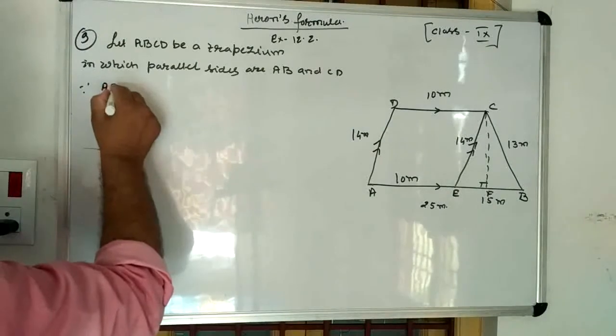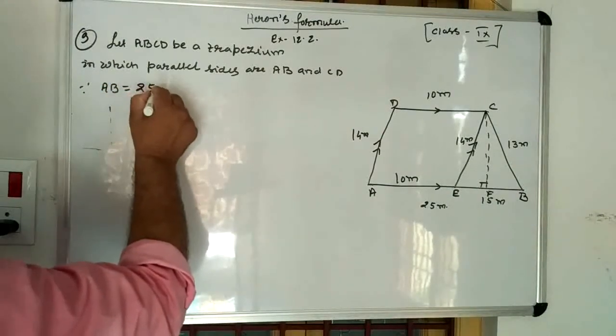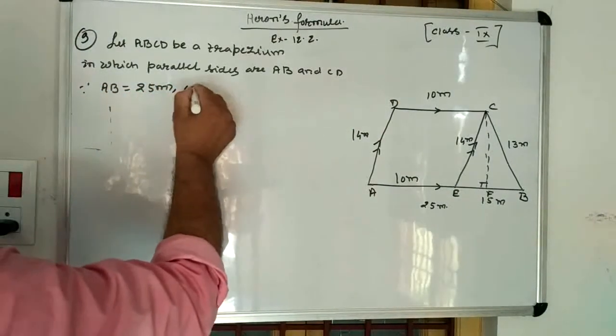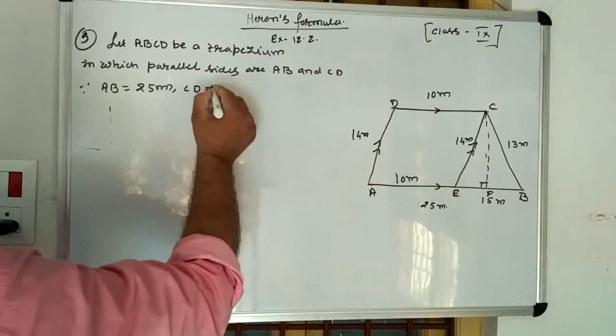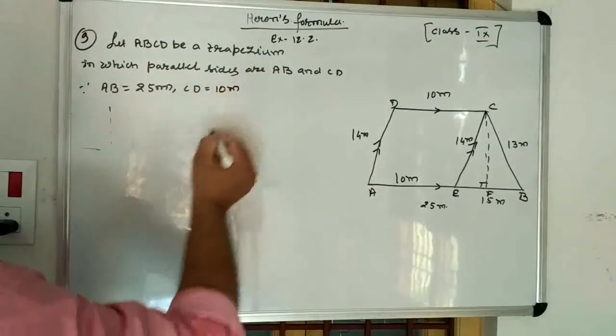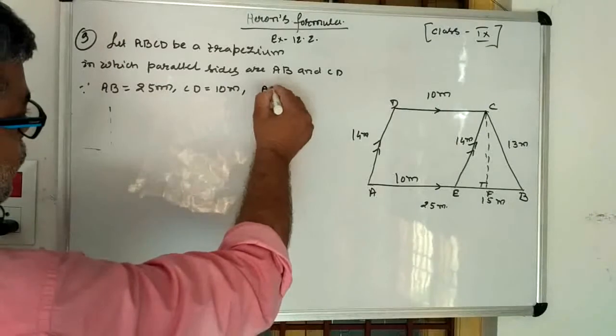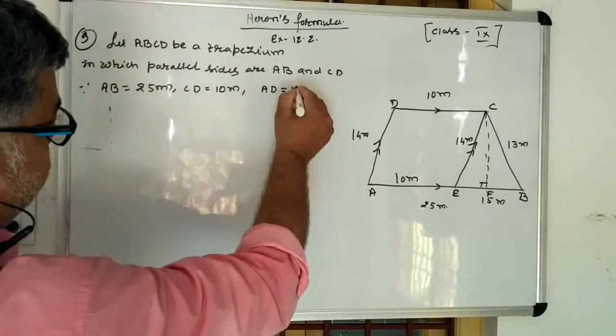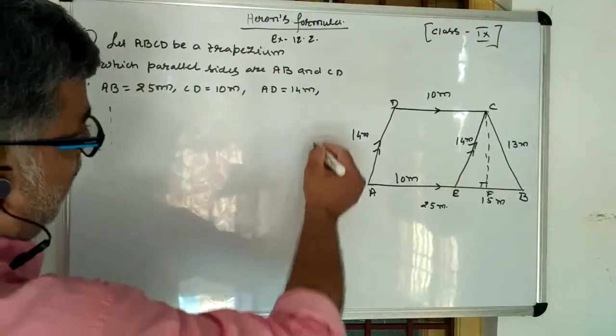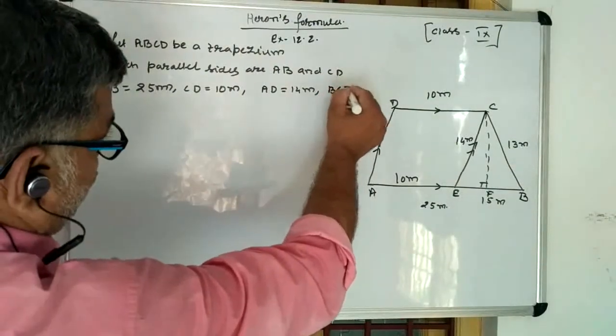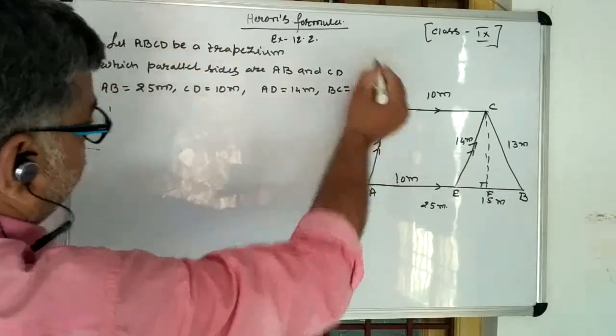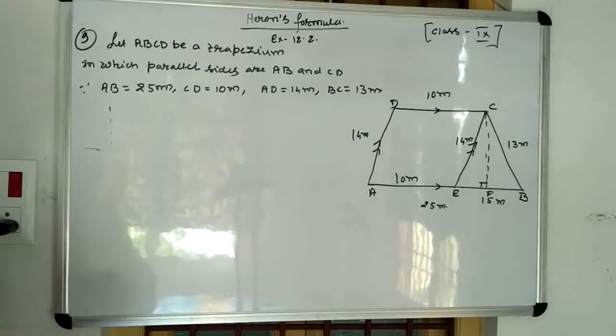Since AB equals 25 meter, CD equals 10 meter, AD equals 14 meter and BC equals 13 meter. It is given.